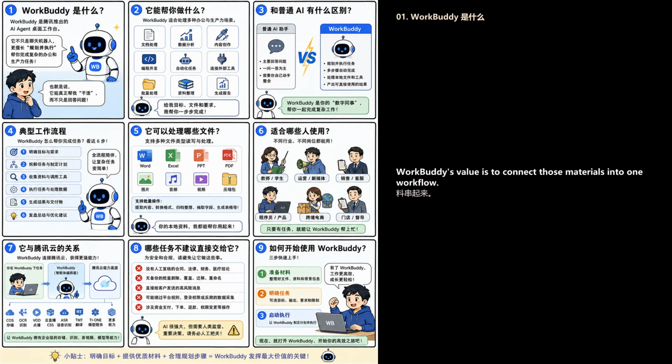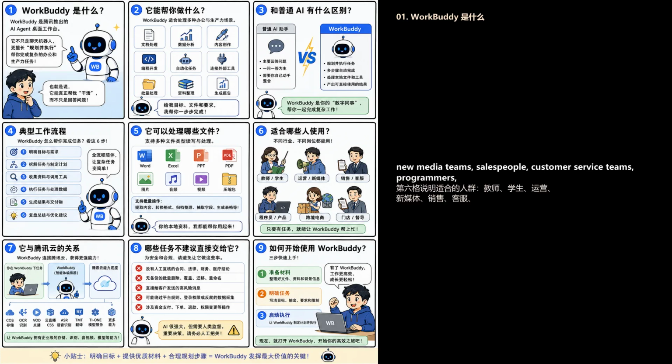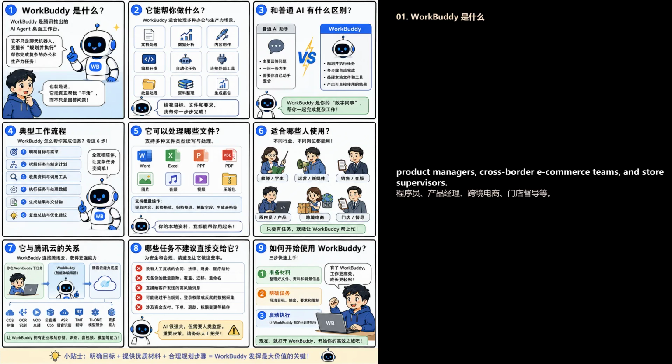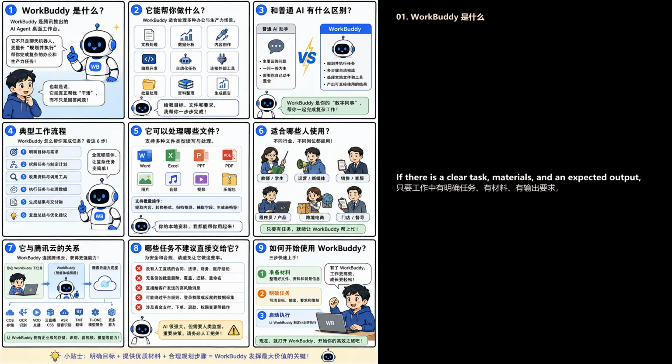The sixth panel explains who can use it. Teachers, students, operators, new media teams, salespeople, customer service teams, programmers, product managers, cross-border e-commerce teams, and store supervisors. If there is a clear task, materials, and an expected output, WorkBuddy can probably help.